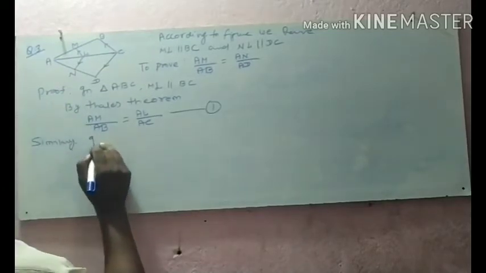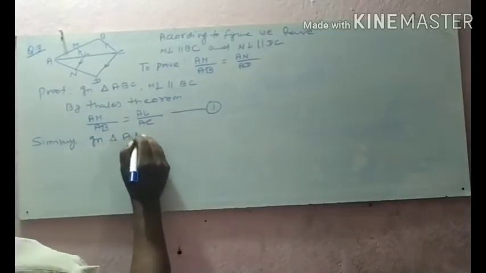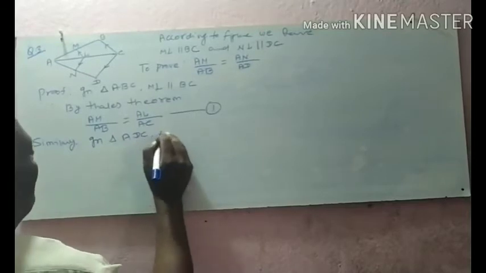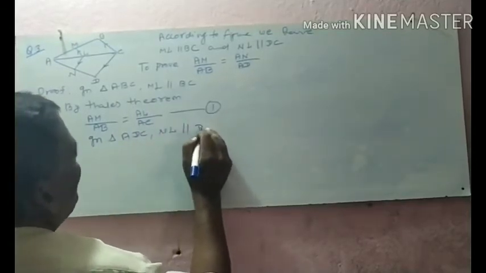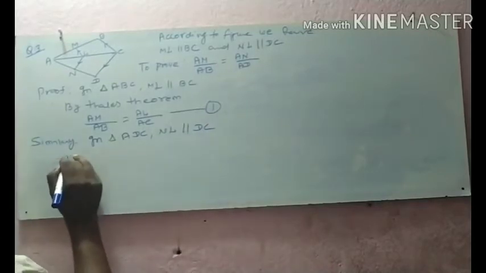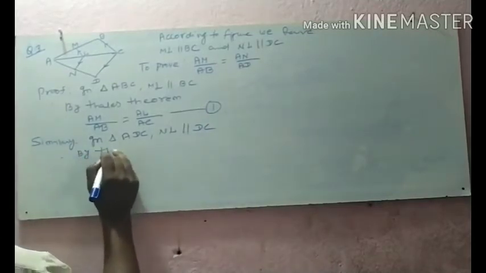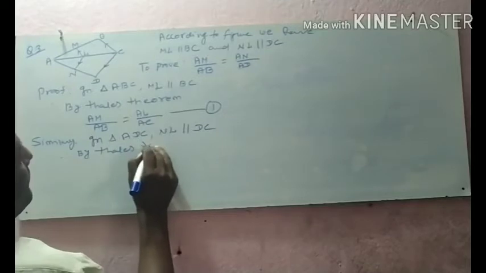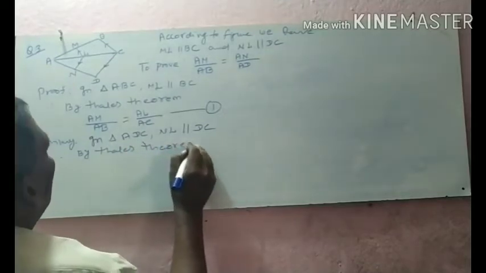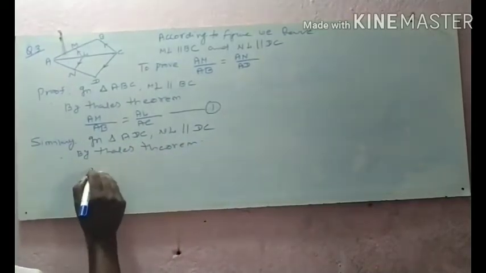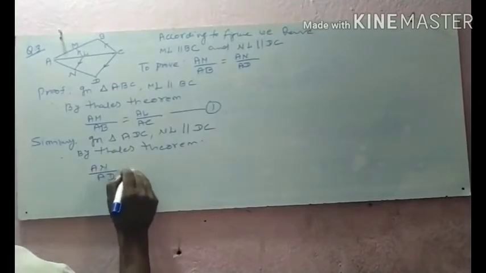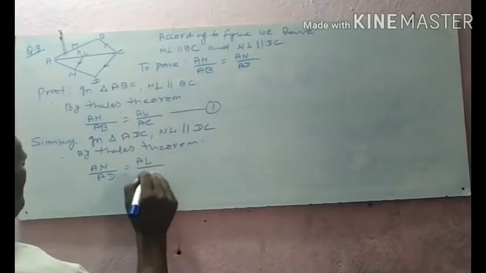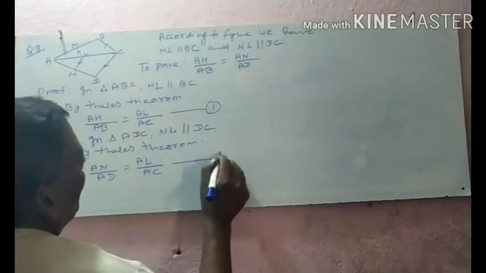Similarly, in triangle ADC, NL is parallel to DC. Therefore, by Thales theorem, AN by AD is equal to AL by AC.